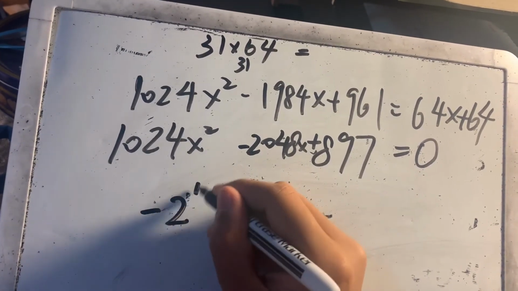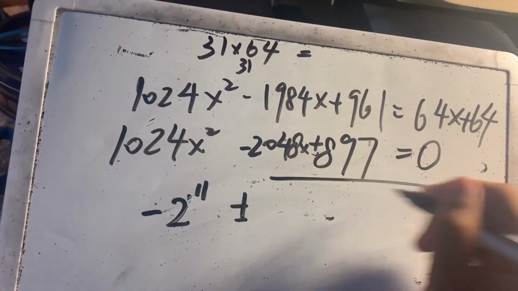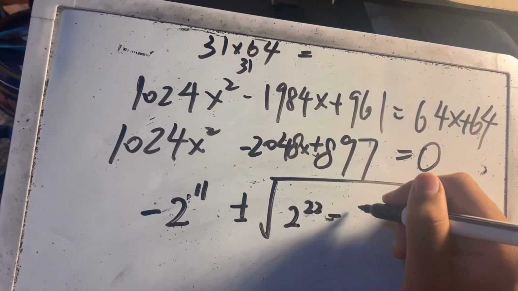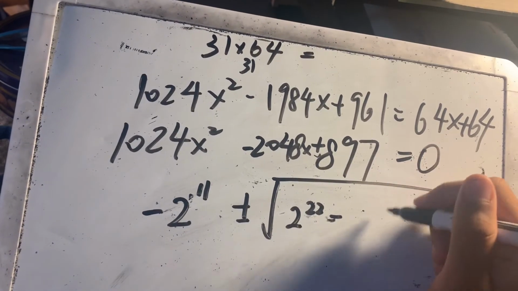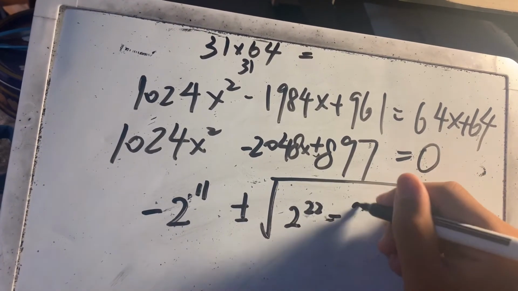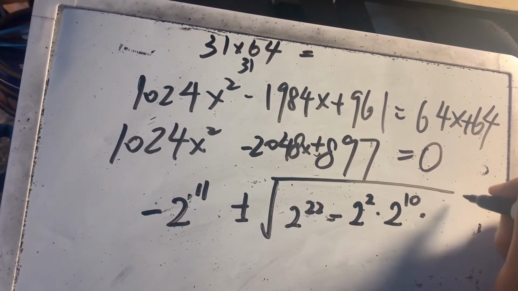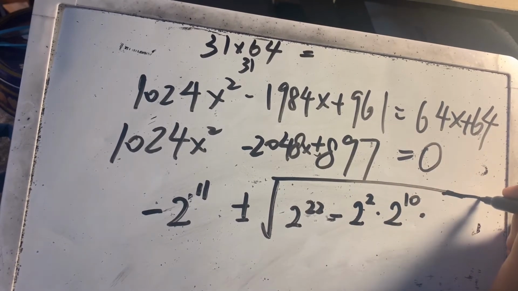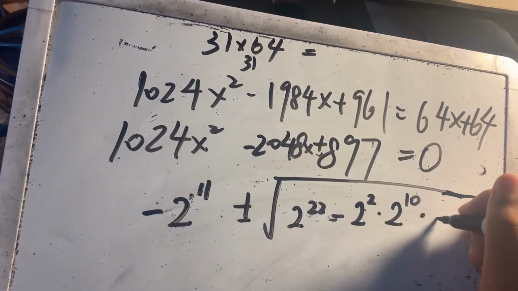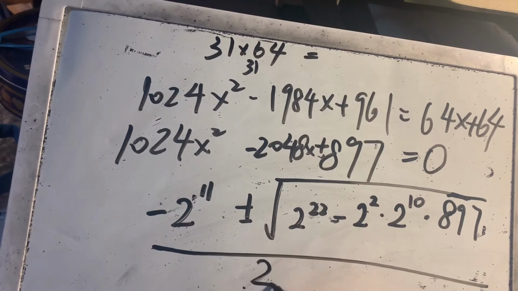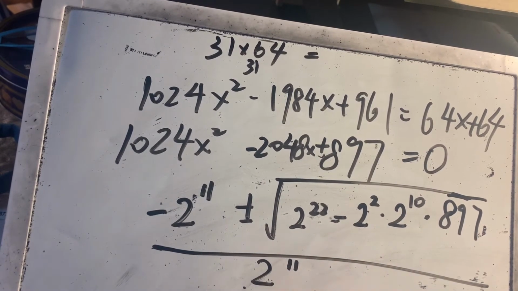So it's negative b plus or minus the square root of b squared minus 4ac, where c is 897, divided by 2a. So we get this, right?